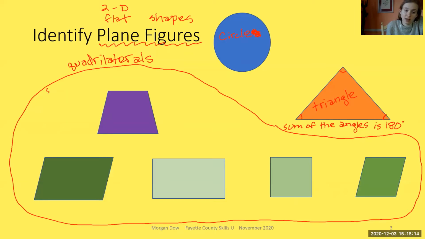The sum of the angles is always 360 degrees. So no matter what 4-sided shape you're looking at, no matter the different side lengths, the different angle sizes, the 4 angles will always add up to be 360 degrees. And again, you can use that fact to help you figure out missing angle measurements.